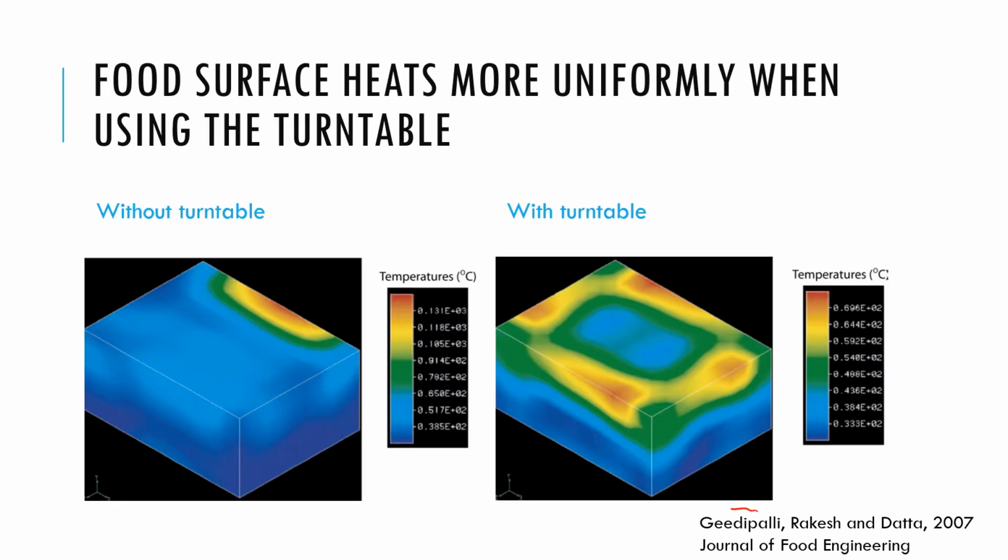Here is another picture from the research work published here showing how a turntable can make a difference. The left picture is without turntable and the right picture is with turntable of a food surface, a rectangular food. After 35 seconds of heating, they show a very good qualitative description of the effect of the turntable and how the right one looks more uniform.